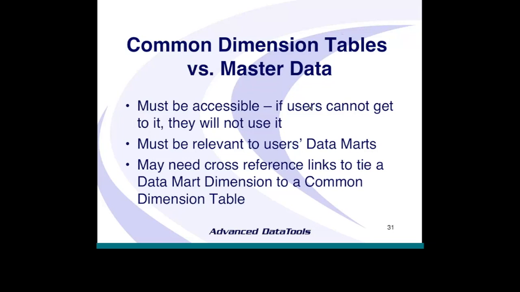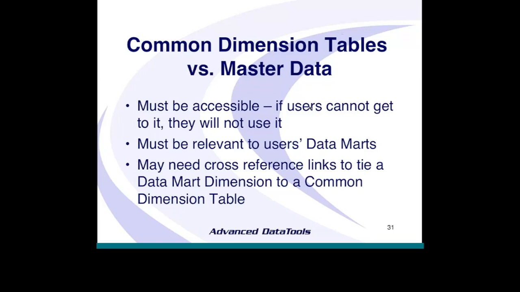You remember when I talked about loading data, I said one of the keys is, if you come across a record that, let's say, has a new product code that's not in your product code dimension, be able to add that, because if you don't, your data warehouse is going to be missing data. That is very true here with common dimension tables. You need to be able to add it on the fly. So that's why it's not master data.